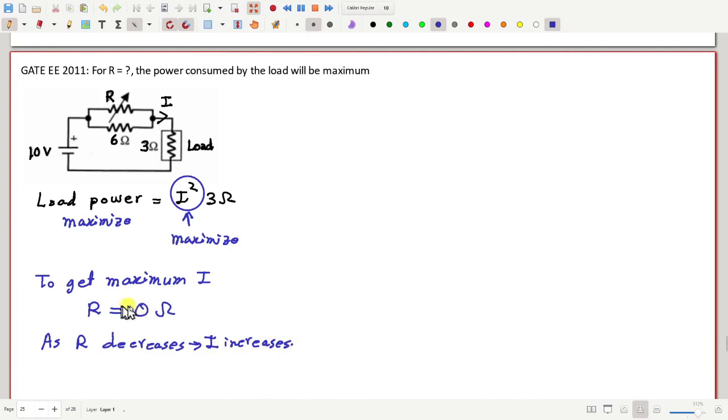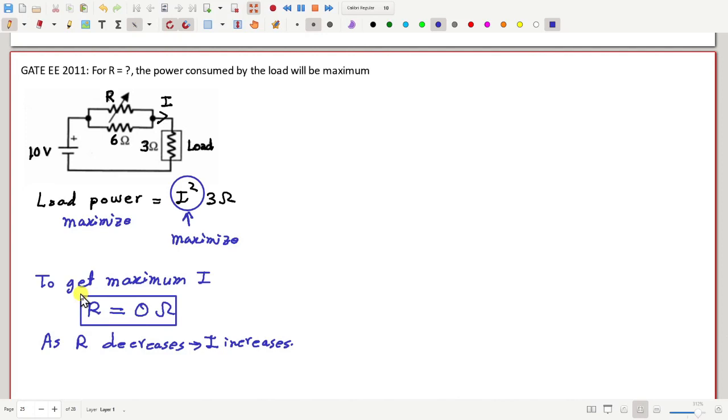So therefore 0 is the answer. Okay, fine. So this is already 5 o'clock. So let me stop here today.